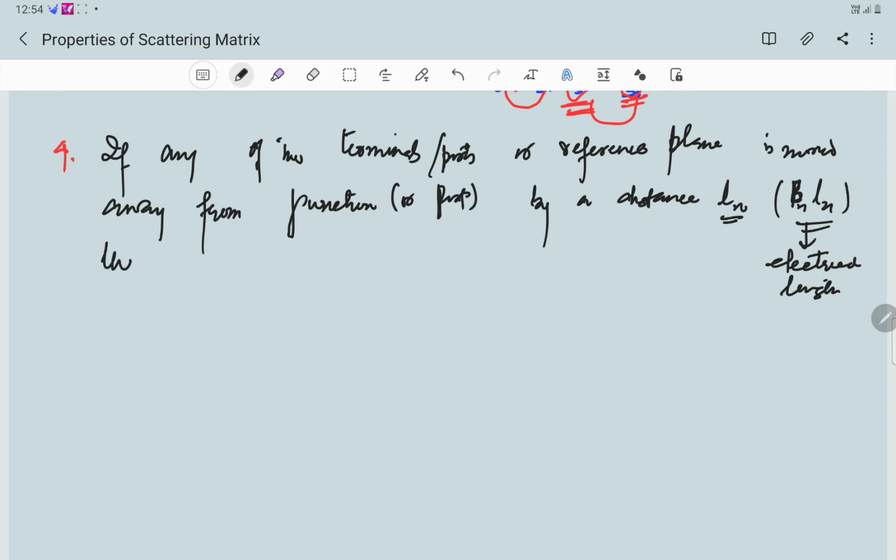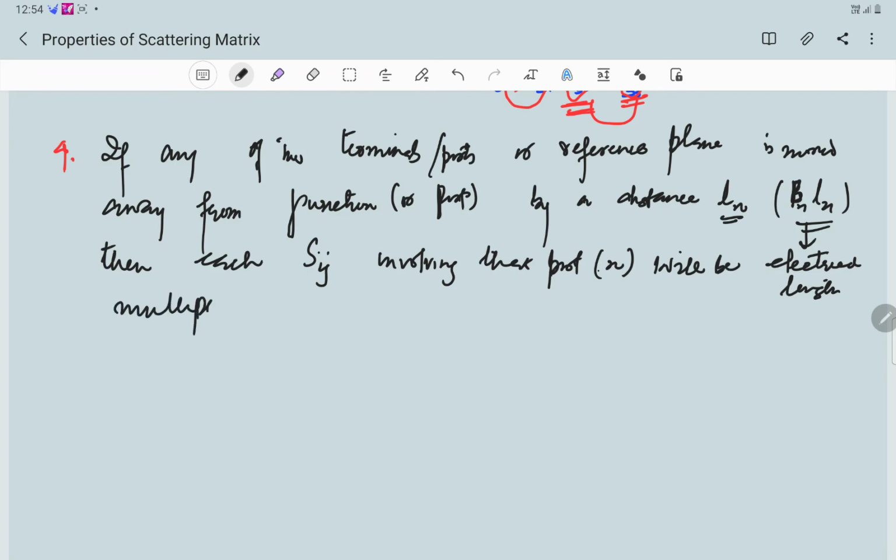Then each Sij involving that port, say for example the nth port, will be multiplied by e to the power minus 2j beta ln.